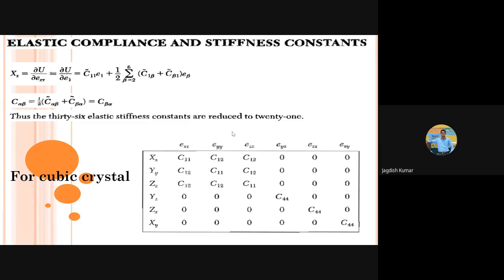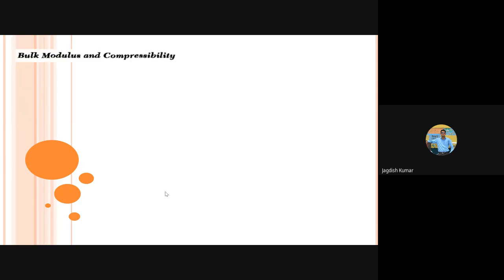So once we have these, suppose you did X-ray diffraction. From that, you found UVW. From UVW, you got back your strains. Then from strains, you could obtain these stiffness constants. Once you have these stiffness constants in your hand, what other predictions can you make for your crystal? That's the interesting part of it.